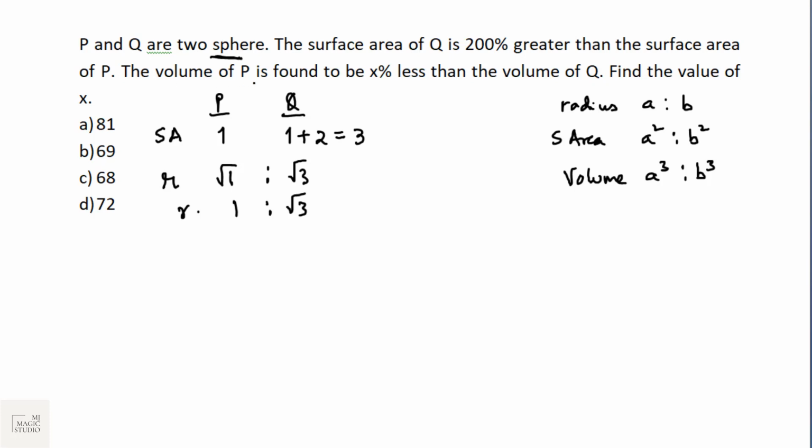Now, volume of P is found to be x% less than volume of Q. We need the volume ratio. Volume ratio is 1 cube is to root 3 whole cube, that is 1 is to 3 root 3.